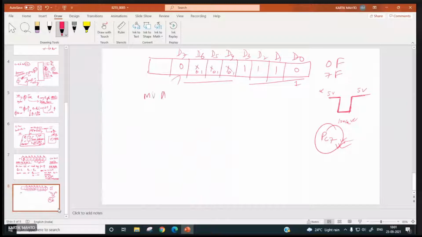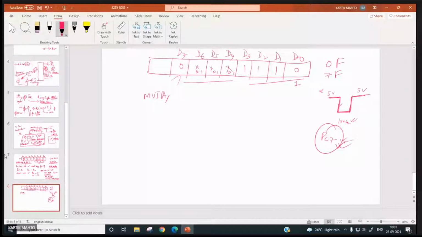MVI A. First you have to make it 5 volt and leave it.